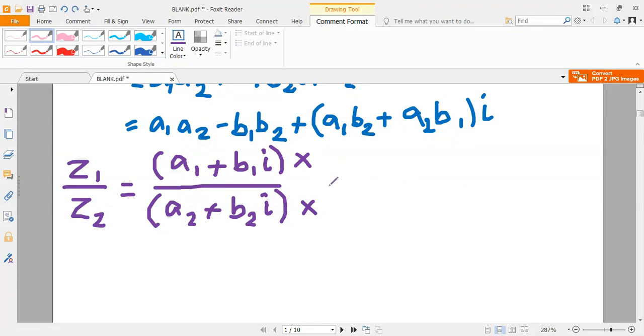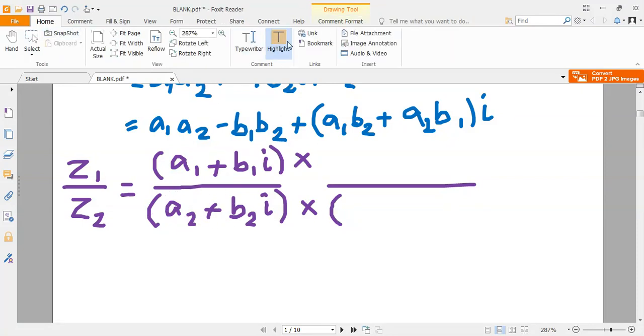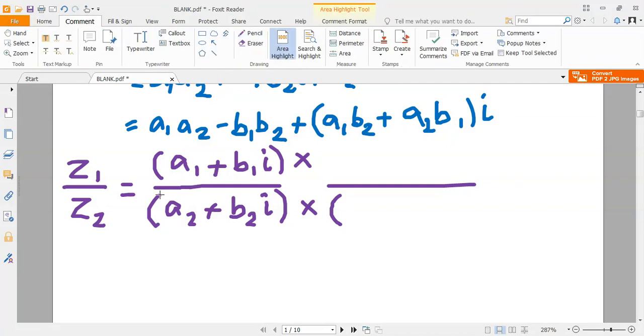What we'll be multiplying is another complex number. Now how do we know which complex number to multiply? Simple. We will be looking at the denominator. So let's look at the denominator. And where is my highlighter? Okay, this is my denominator, this is the real part, and this is the imaginary part, right?